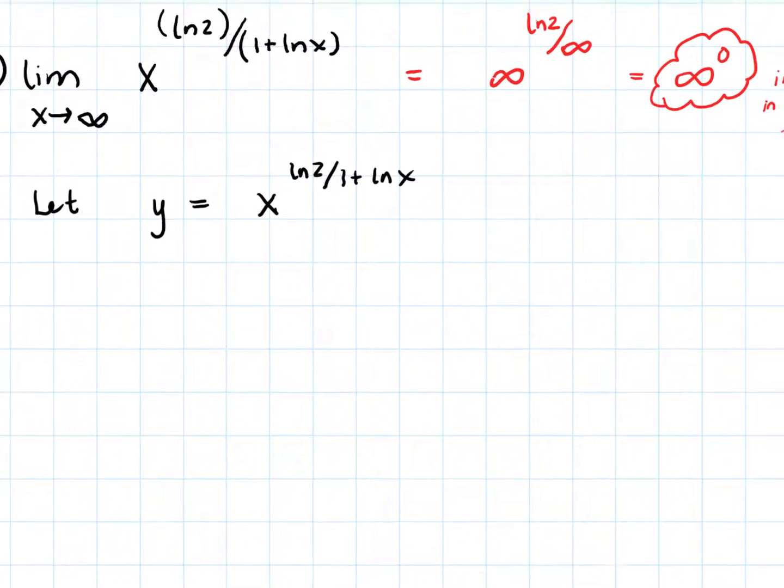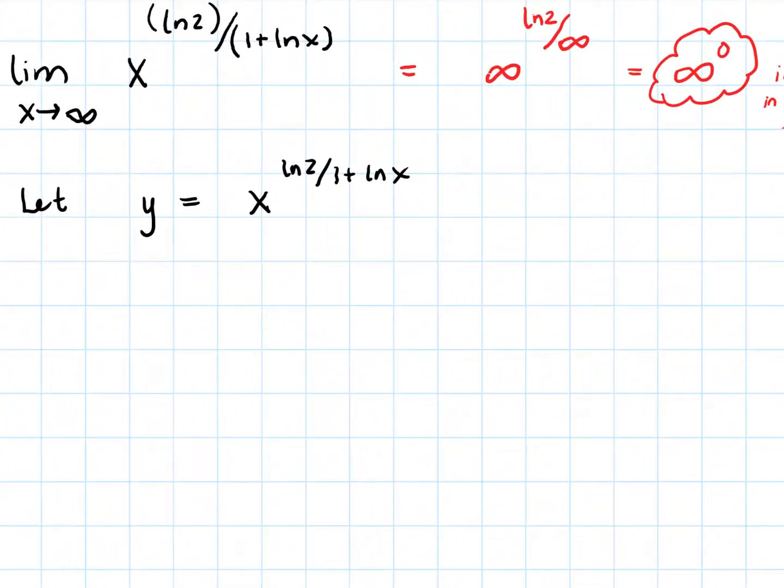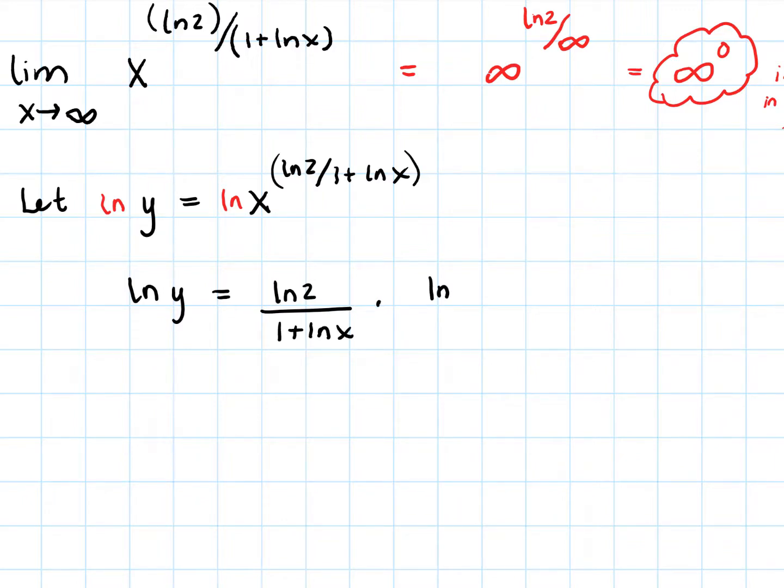Let's zoom in just a little bit here. Then I'm going to go ahead and use the logarithm on both sides of this equation so that the natural log of y is actually, that whole power is going to drop down in front: natural log of 2 over 1 plus the natural log of x times the natural log of x.